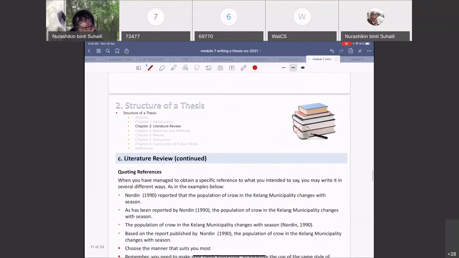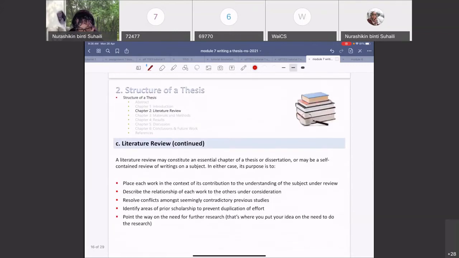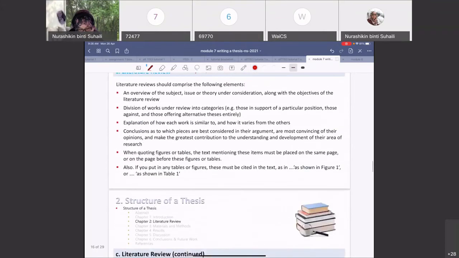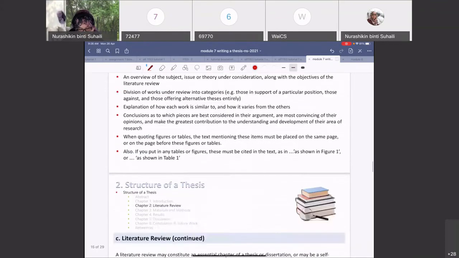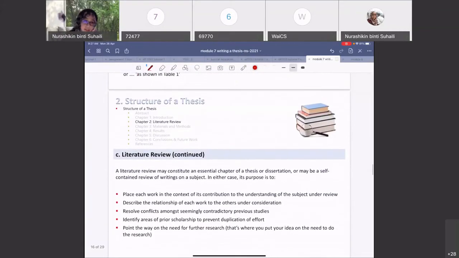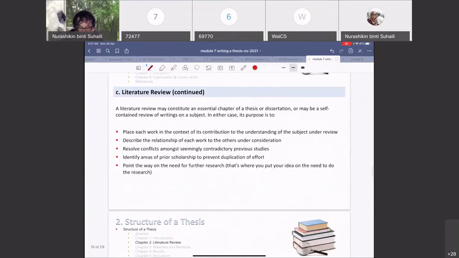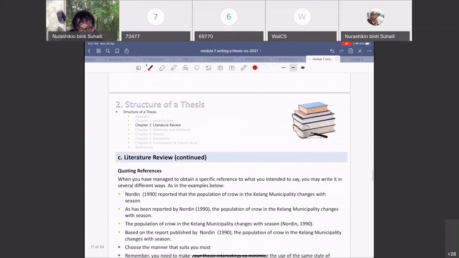It's also a section where you compare and contrast different articles. You say this one said what, this one said what, and then you have to judge. You have to mention why: what are the differences, what are the similarities?